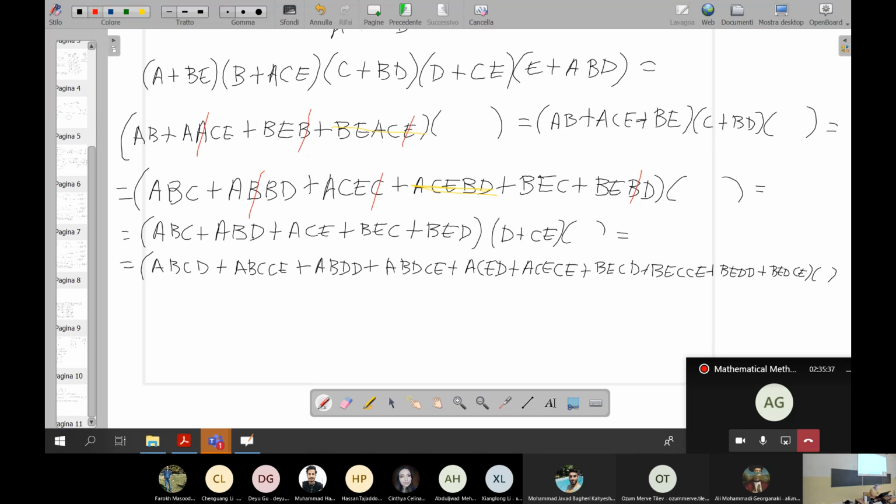Inside each we have here a double C, here a double D, here C and D, here C and D, here a D, and now let's see whether we can find something inside something else.